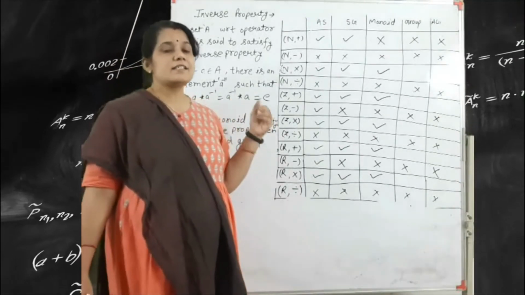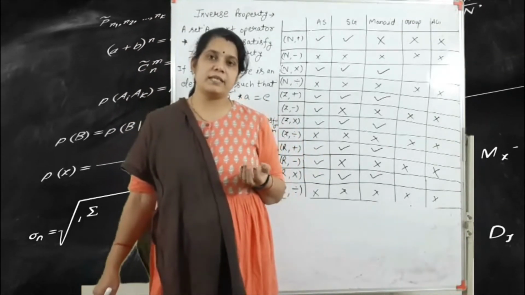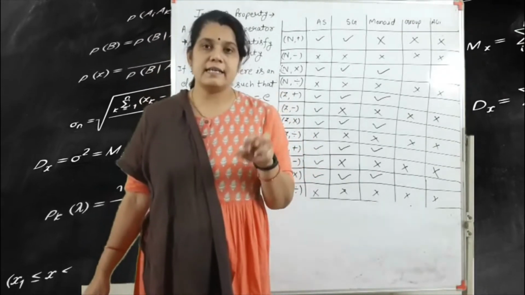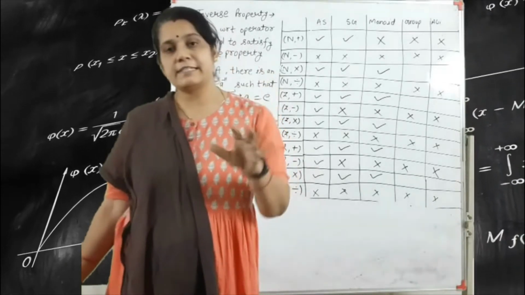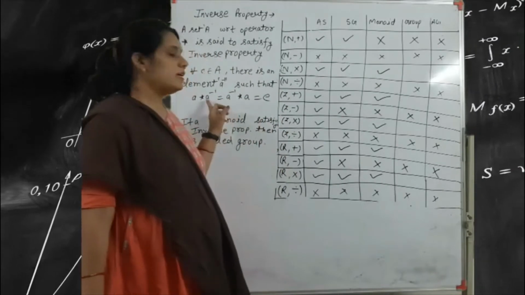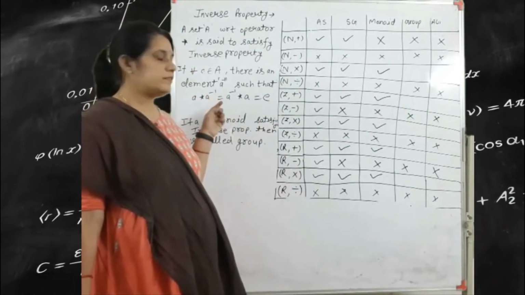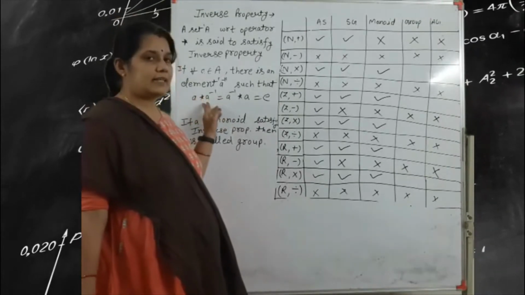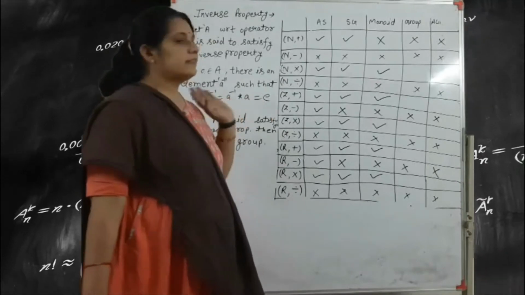That means just the opposite of the identity property. According to the identity property, a star e, the identity element, gives the element itself. But here if we use the element a and the inverse of that element and operate with any operator, we get the identity element.